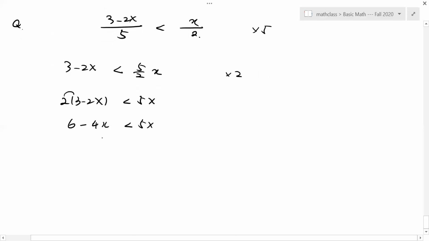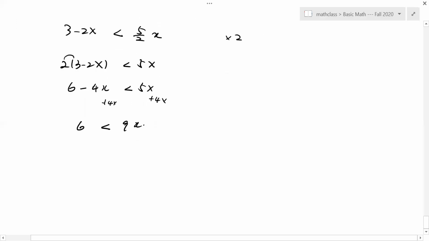So you can add 4x to both sides. So 6 is less than 9x. Then you divide both sides by 9. Right? So x is greater than 6 over 9, which is 2 over 3.